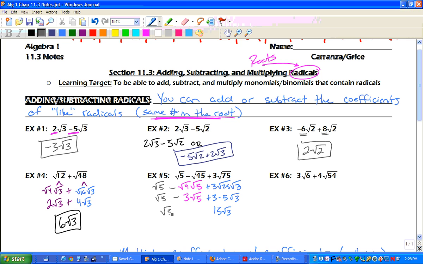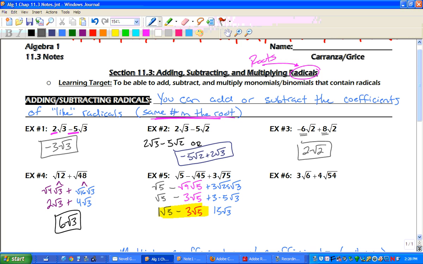And now when we look at it, everything is the same. So we can combine everything, or not everything. The only thing that we can combine, I'm sorry, are these guys. And remember that this has a 1 in front of it, so it's 1 minus 3.